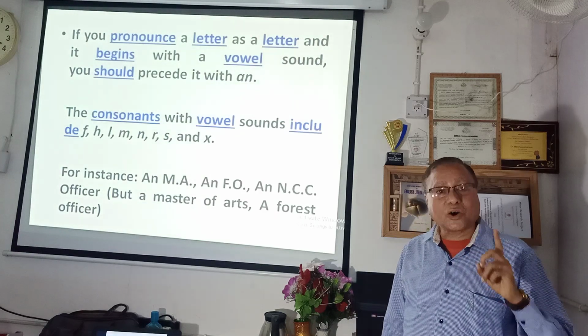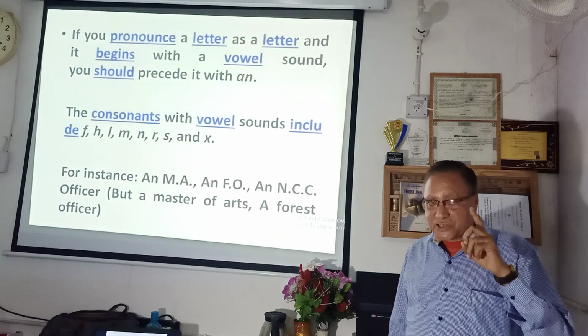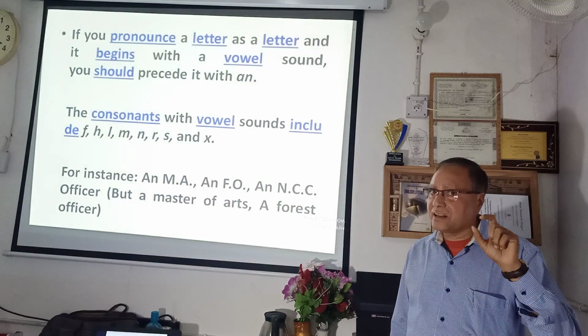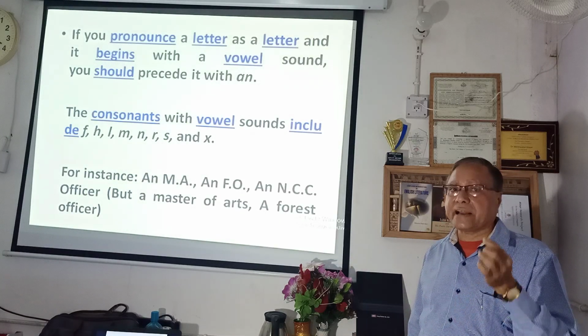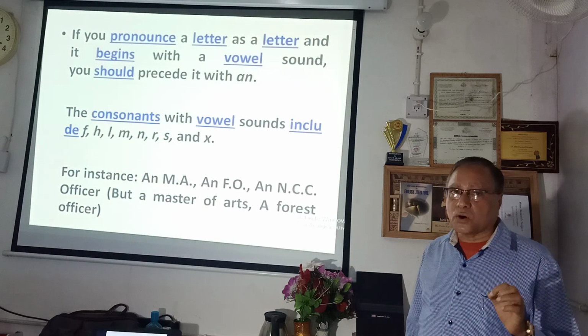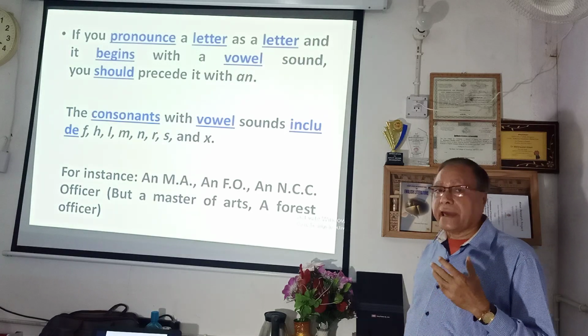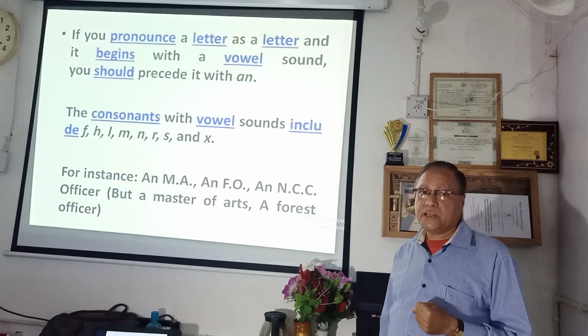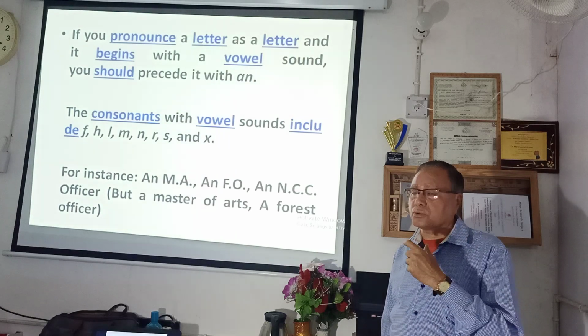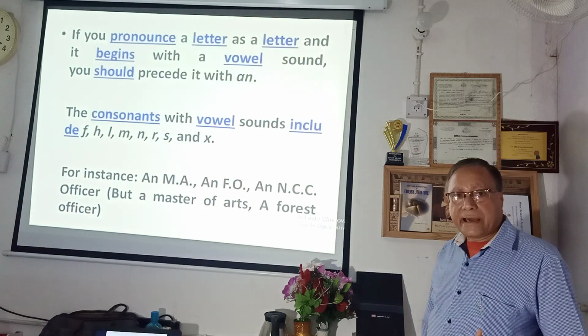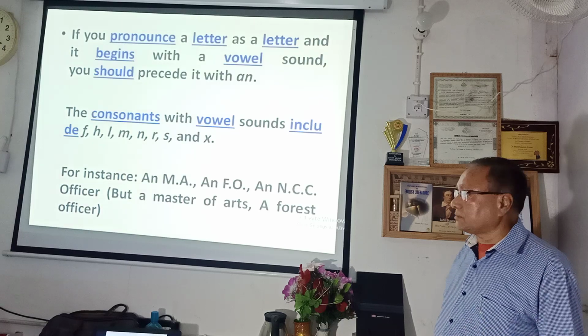However, M is a consonant and it must take a. But here, this is a short form, an abbreviation of a full form. So an MA. Similarly, an A4, an FAO. Similarly, an NCC officer.